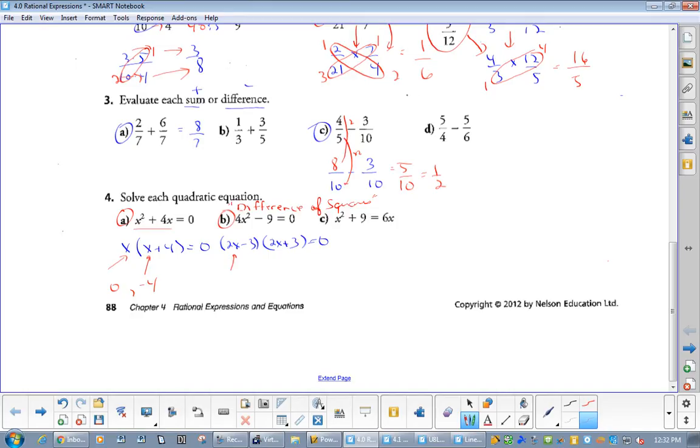A trick I always do is I put this here, and then I do the opposite sign. So the answer is actually positive 3 over 2. See what happens if I go 2 times 3 over 2 minus 3? That would give me 3 minus 3, which is 0. Okay? And this would be negative 3 over 2.